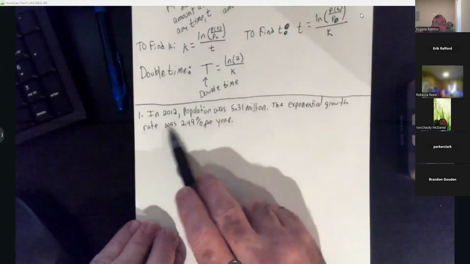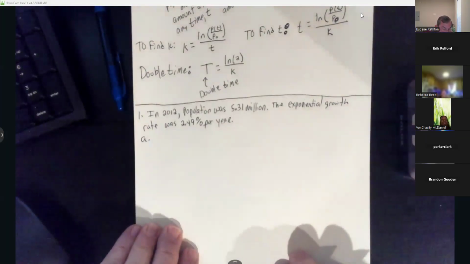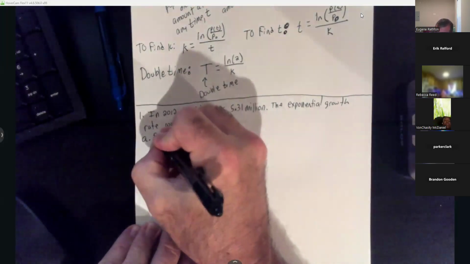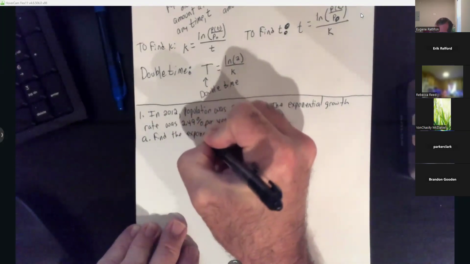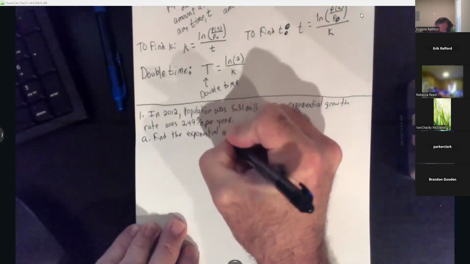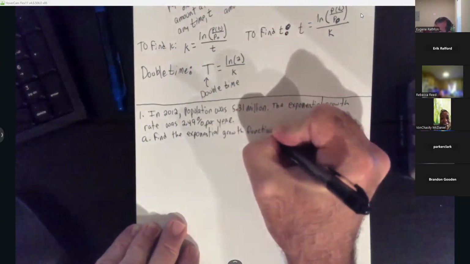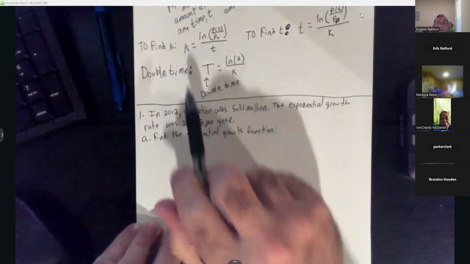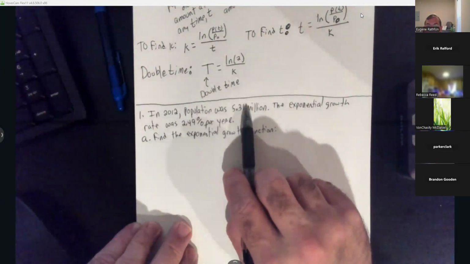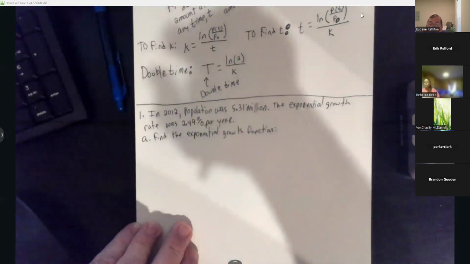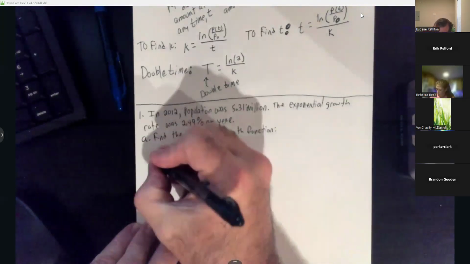They're giving me the exponential growth rate. So for part A, part A wants me to find the exponential growth function. So they want me to find the formula that I would use for this problem to find the population at any time t, okay?